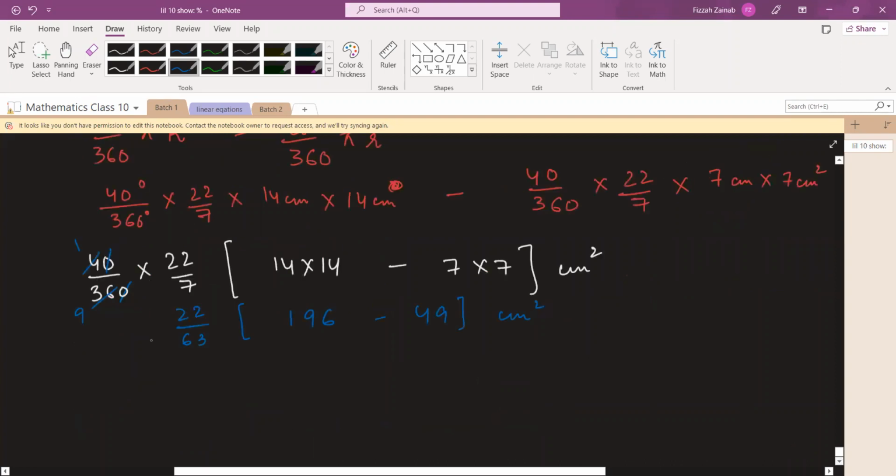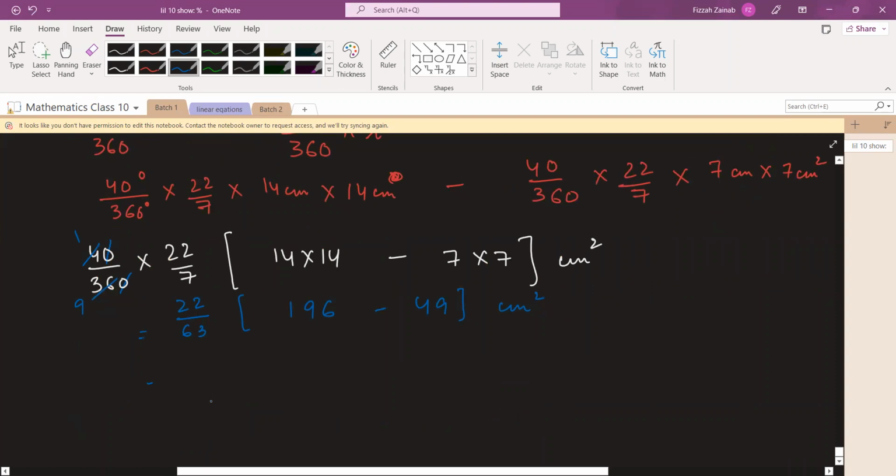So this is 22 by 63. Please put equals to here, okay. And this will be into, now again 196 minus 49 is 147, right? So I think I can divide this by 7.